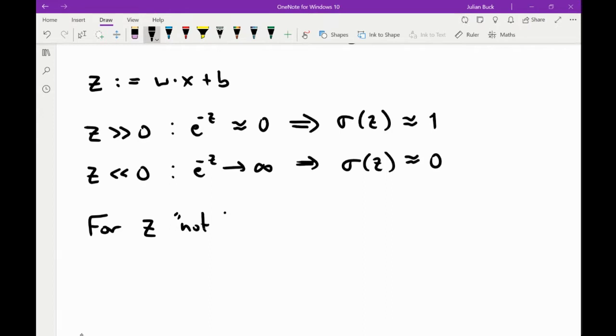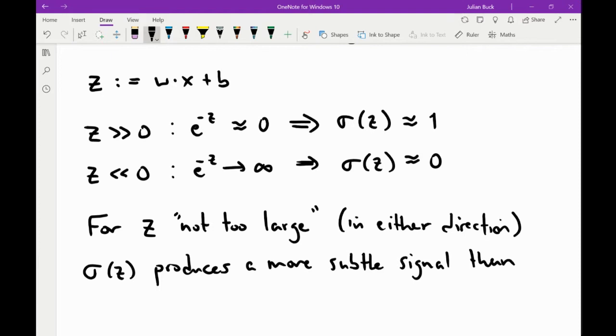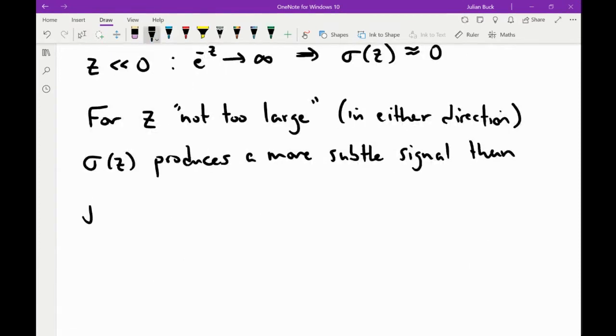For Z not too large in either direction, sigma of Z produces a more subtle signal than just 0, don't fire, or 1, fire.